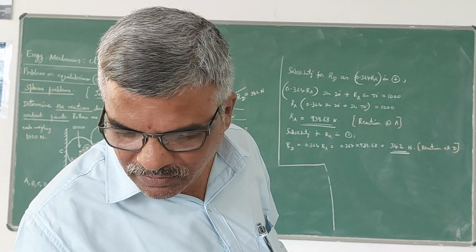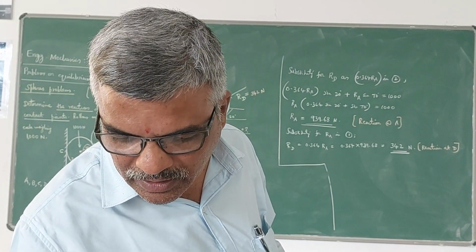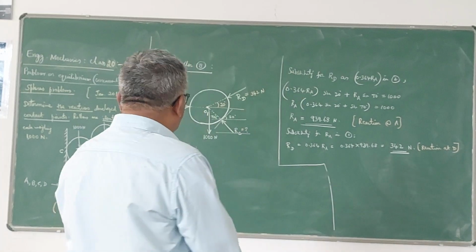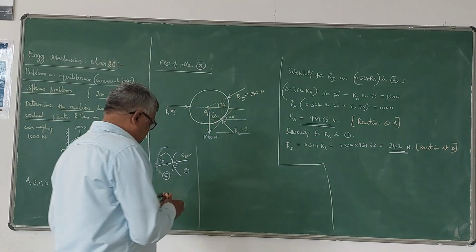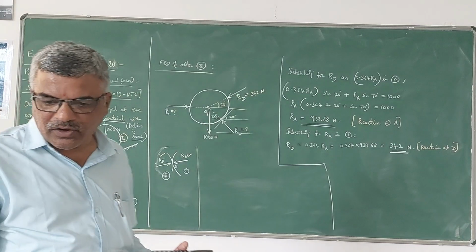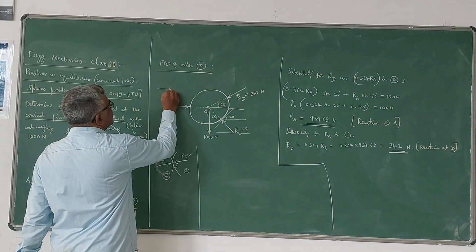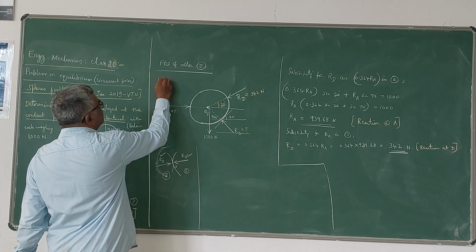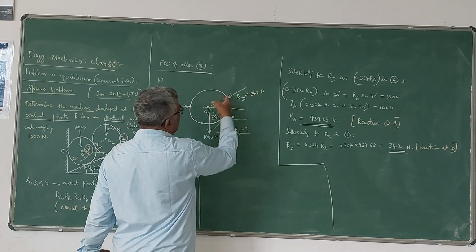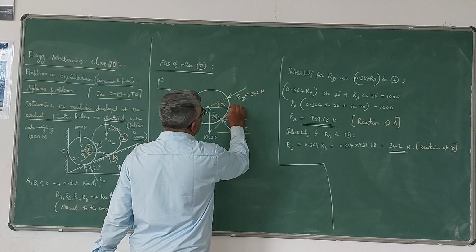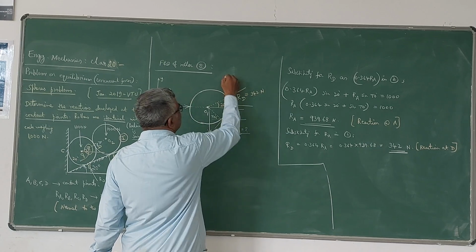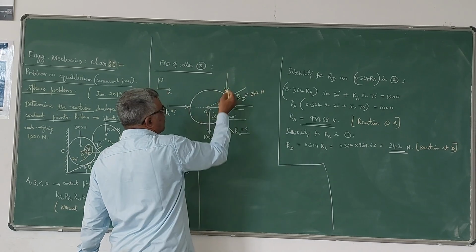So what we will do here is, I will write sigma Fx equals 0. Before that, let us resolve the forces along x and y directions, towards right positive, upward positive. I have to resolve this RD force. If you resolve this RD force, horizontal will be towards that, vertical will be downward because it is in the third quadrant.